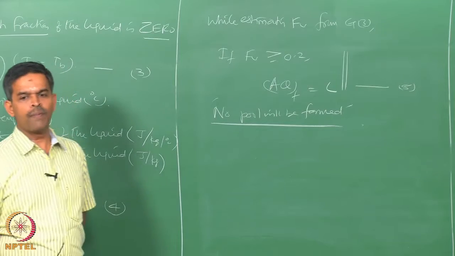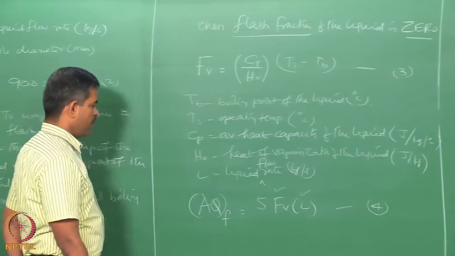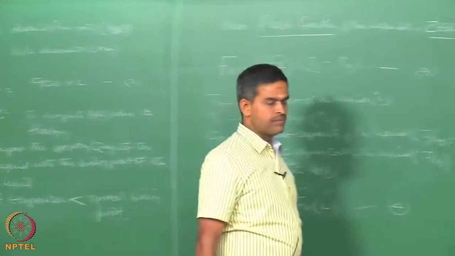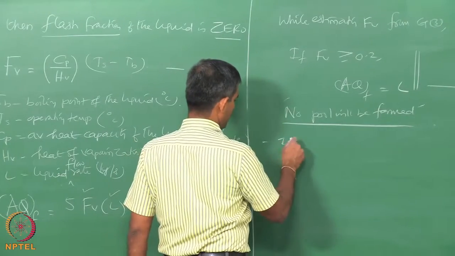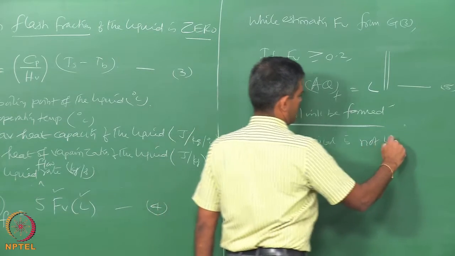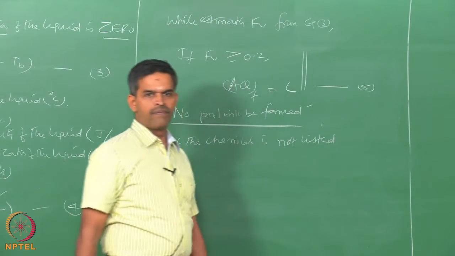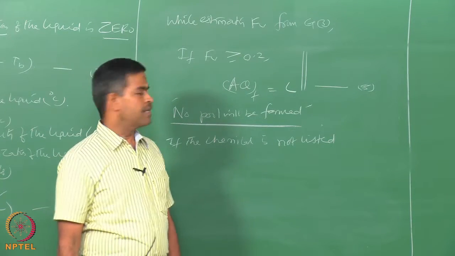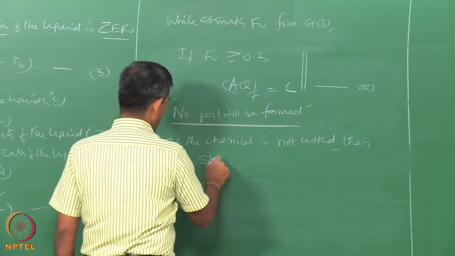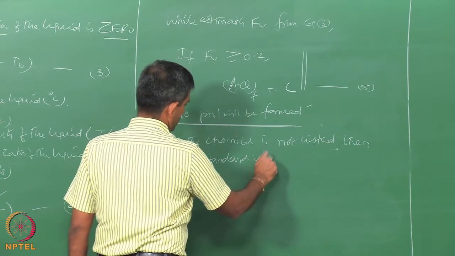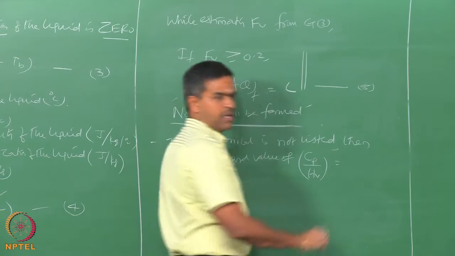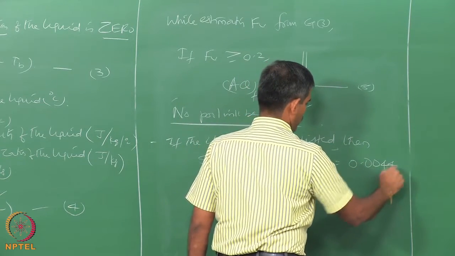Interestingly, all the chemical properties of the materials like Cp, Hv, Tb, Ts etc. are to be known. Interestingly, if the chemical is not listed, to find any necessary information, then in that case a standard value of Cp by Hv can be taken as 0.0044.